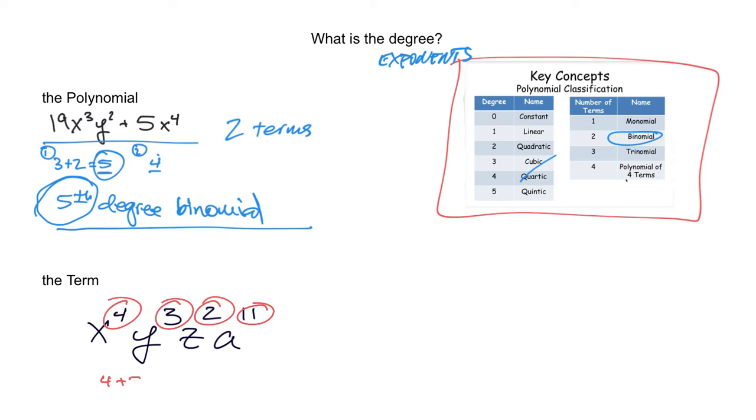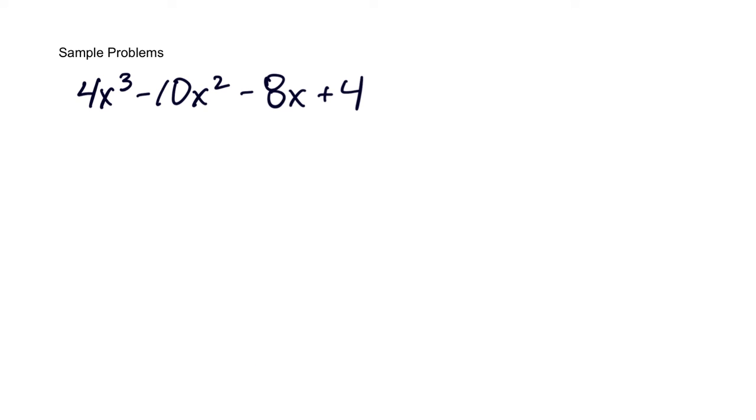So I have 4 plus 3 plus 2 plus 11 equal 20. So if this was the term with the highest sum for exponents, it would be a 20th degree polynomial.